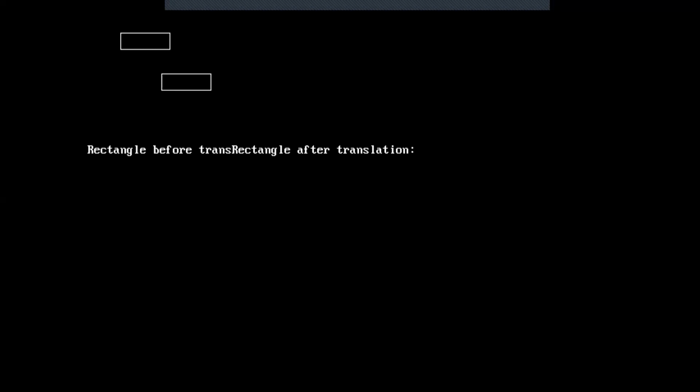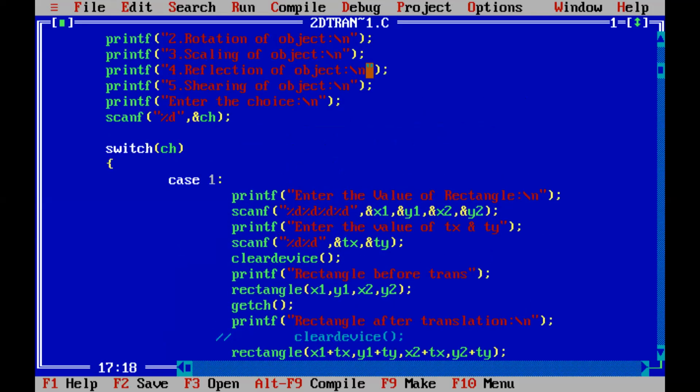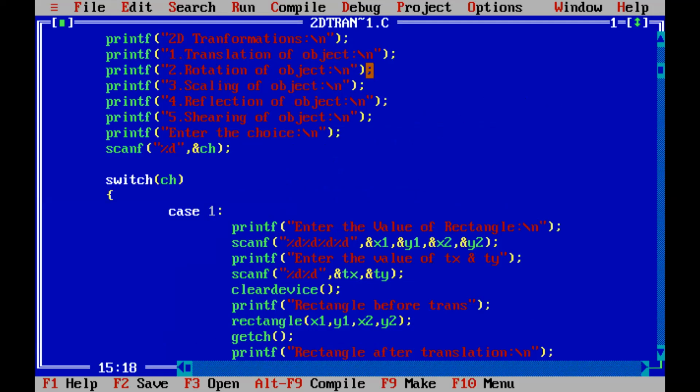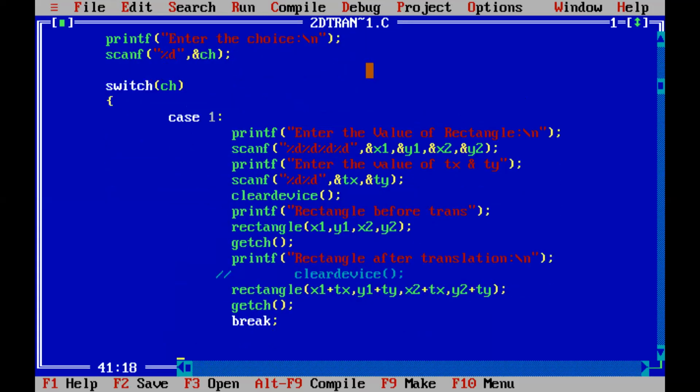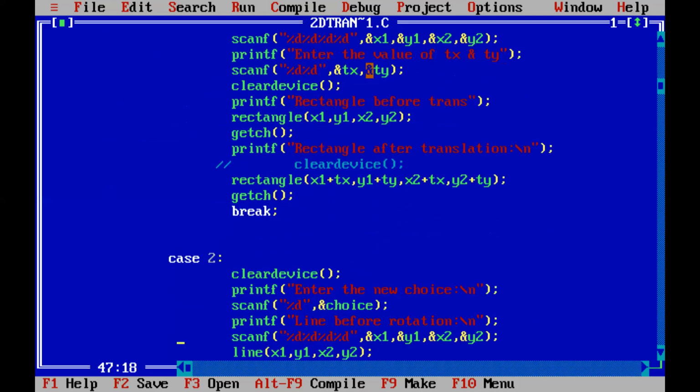So let us move to the next transformation, that is rotation. Rotation is your choice number 2. You can see here, the choice number 2 is rotation. So whenever choice 2 is entered, it will enter into the switch case number 2, and it will start doing the next thing.